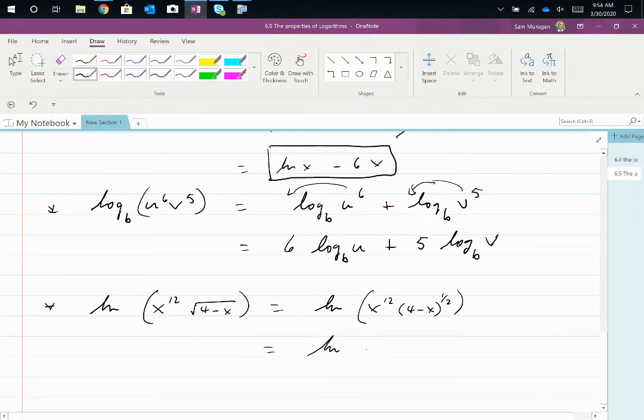Then applying the product rule, we have x to the power 12 plus 4 minus x to the power half. Then using the power rule, 12 natural log x plus half natural log of 4 minus x.